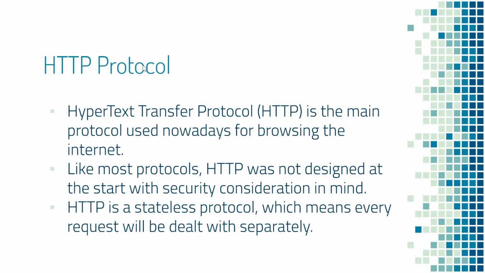When you are trying to access another web page on the same server, since it's a stateless protocol, the server doesn't deal with the second request as a second request. Any request coming from the client will always be dealt with as request number one. So I have no history about the previous request.